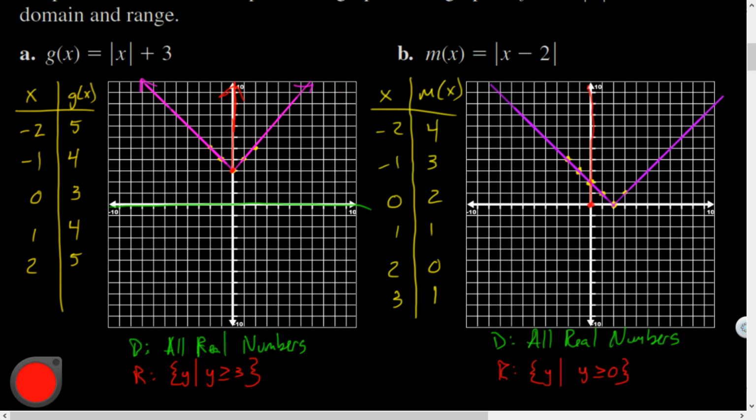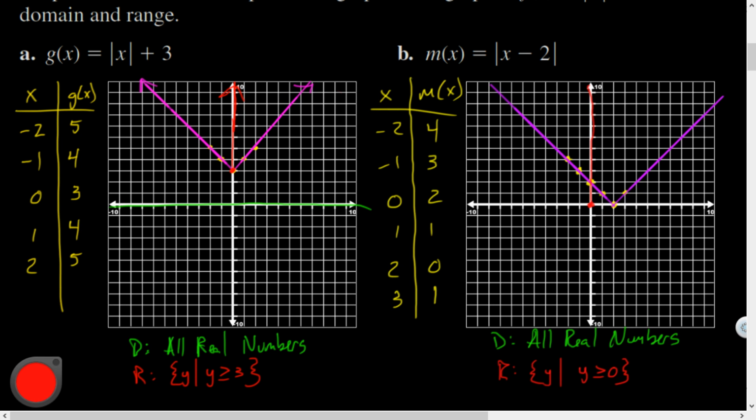Let's see. I wonder if I should pick up the pace here. I think you guys would get these table of value things. You guys don't want to do more table of value graphs, right? You want me to start teaching you how to do transformations? Yeah, I think I'm gonna do that.